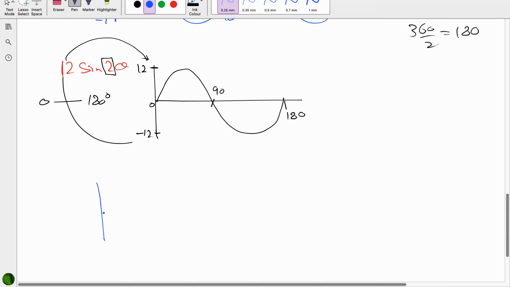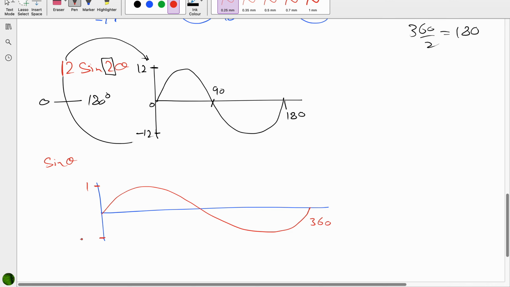Let's have a comparison on one grid. Let's say we draw sine theta. This ends at 360. Highest point is 1, lowest point is -1. Then let us draw sine 2 theta. Now this should complete in 180, and we have two curves in 360.